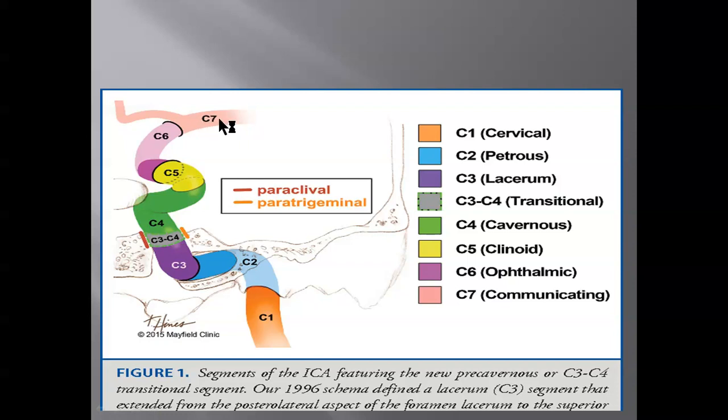Both are included in C7 in the Boutelier classification. Whereas in the Gibo classification, this all area from here till above is known as supraclinoidal area, which has three segments: ophthalmic segment, posterior communicating segment, and the anterior choroidal segment.